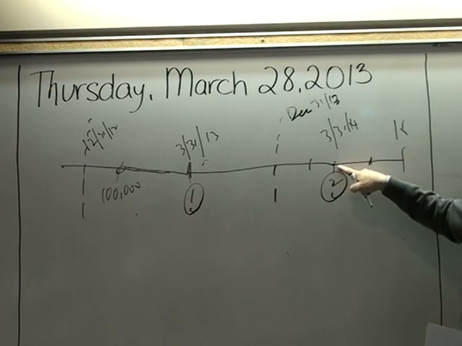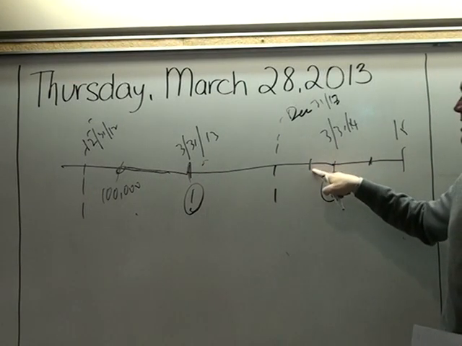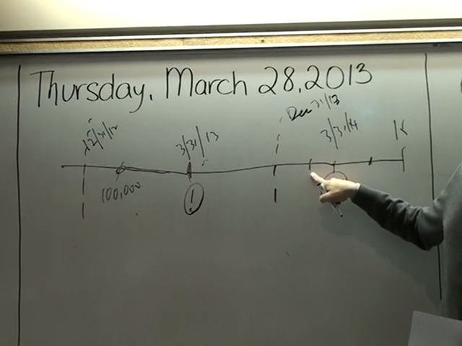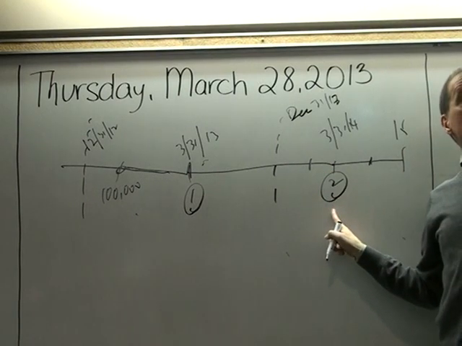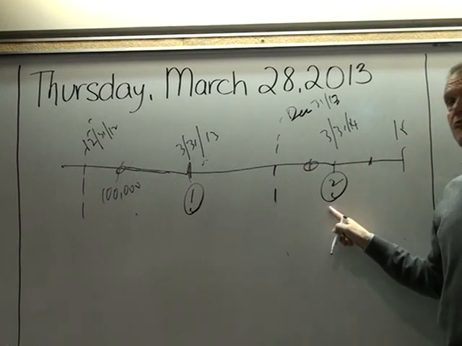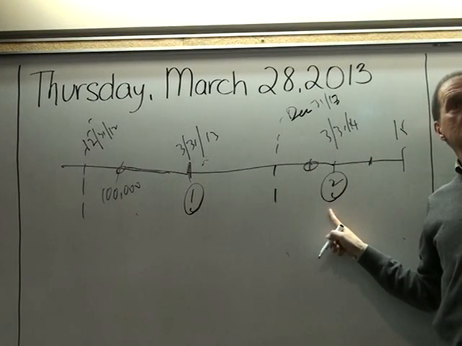This is March 2014. So let's say I repay it in January 2014. Then I'm cool, because I repaid it here, which is before the second corporate year end. So I'm good.